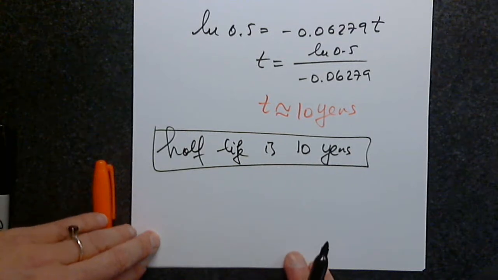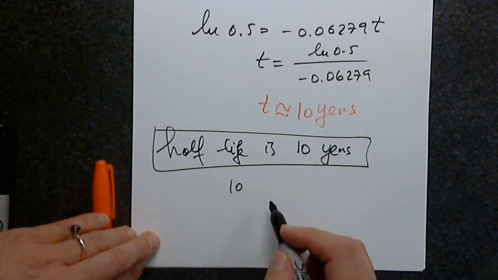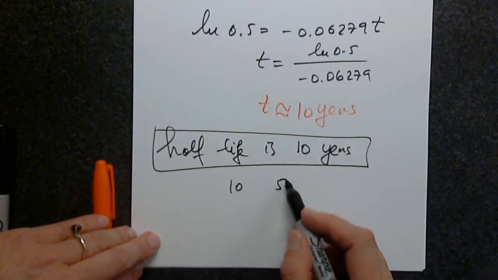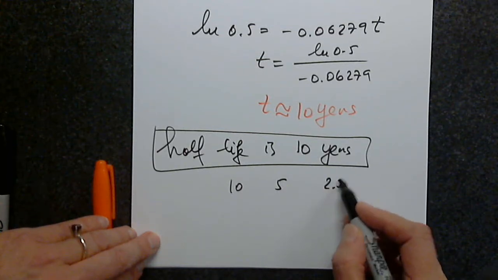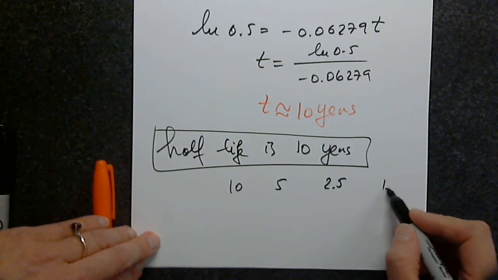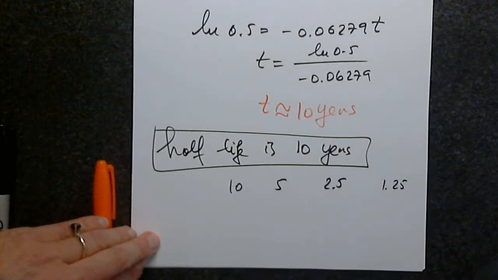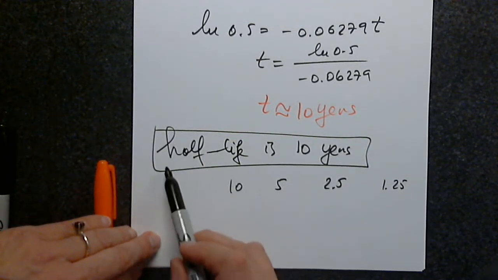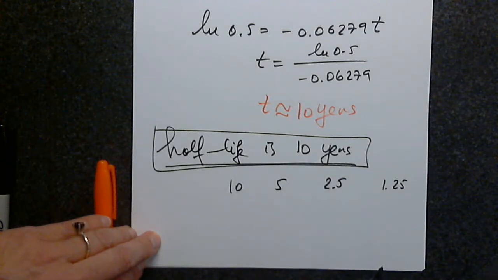No matter what amount we start with, if we start with 10, in 10 years we get 5. In 10 more years we get 2.5. In 10 more years we get 1.25. And 10 more years, half of 1.25. So all I wanted you for now is to understand the half-life.